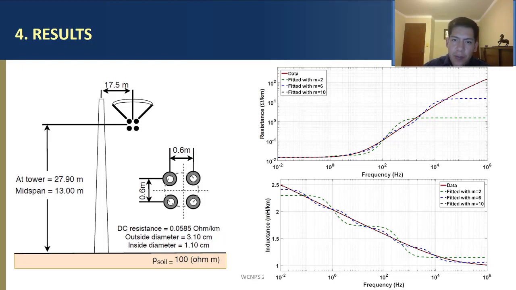In both graphs, both in the resistance and the inductance, we can see that a rational function fitted with 6 poles can represent up to 10 kilohertz. But only a rational function fitted with 10 poles can represent the longitudinal impedance with little error up to 1 megahertz.